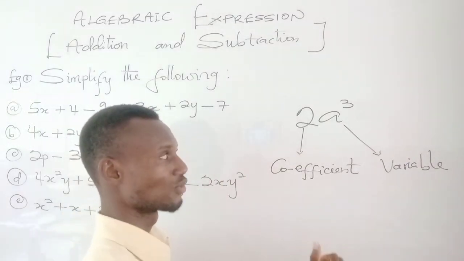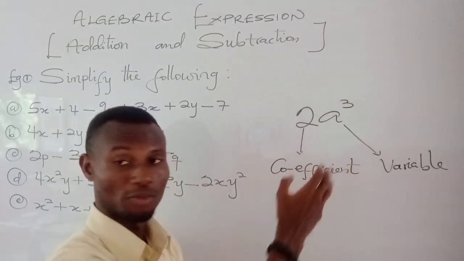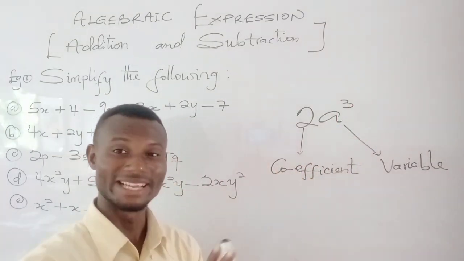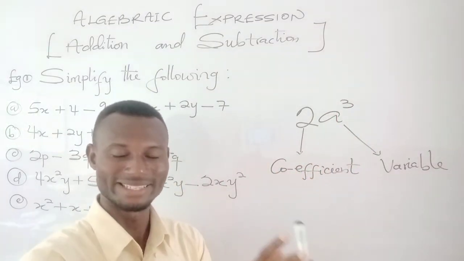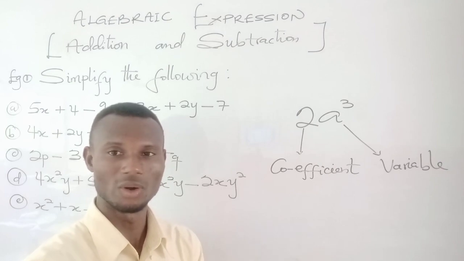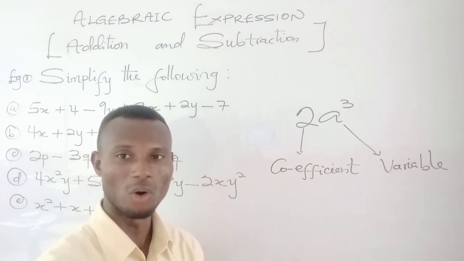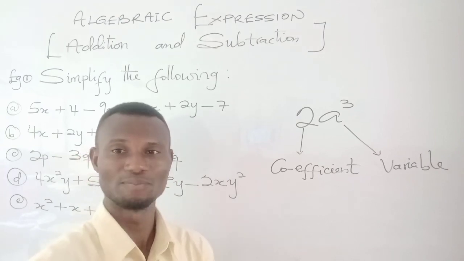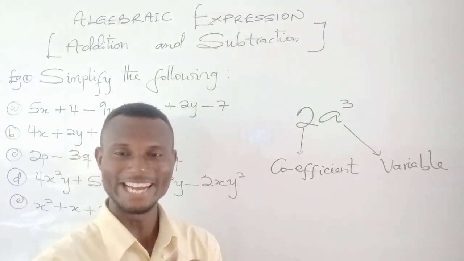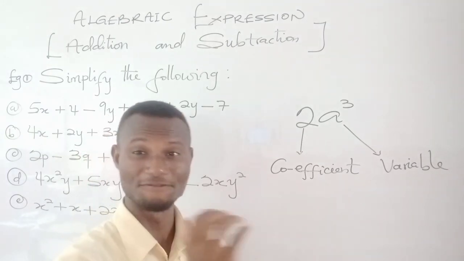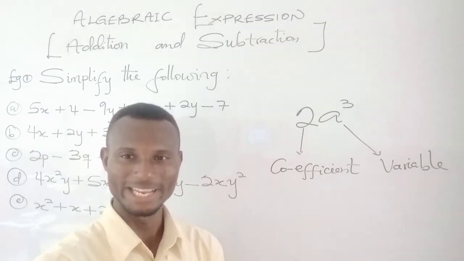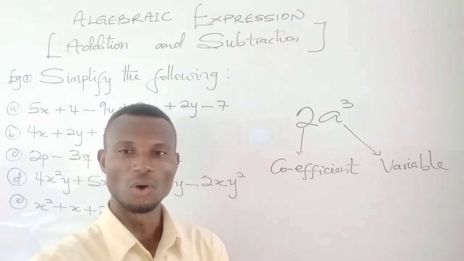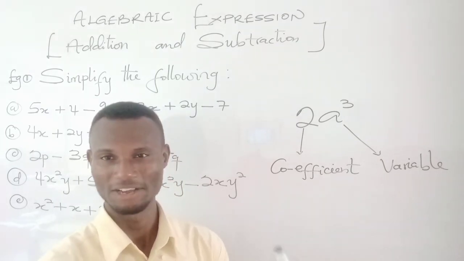And you can see that we have a number on top of the variable a. There's a name that is given to that number, and it is called the power or the exponent. So anytime you have a number on top of a variable, that number is called the power or the exponent of the variable.